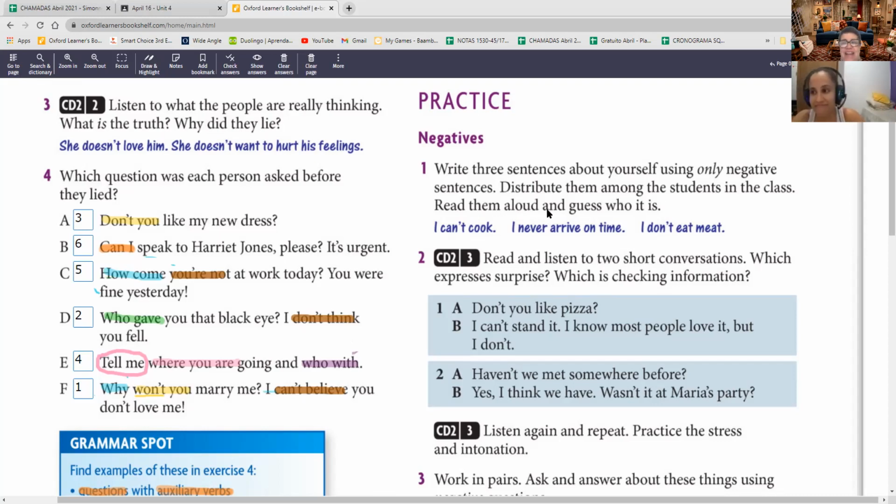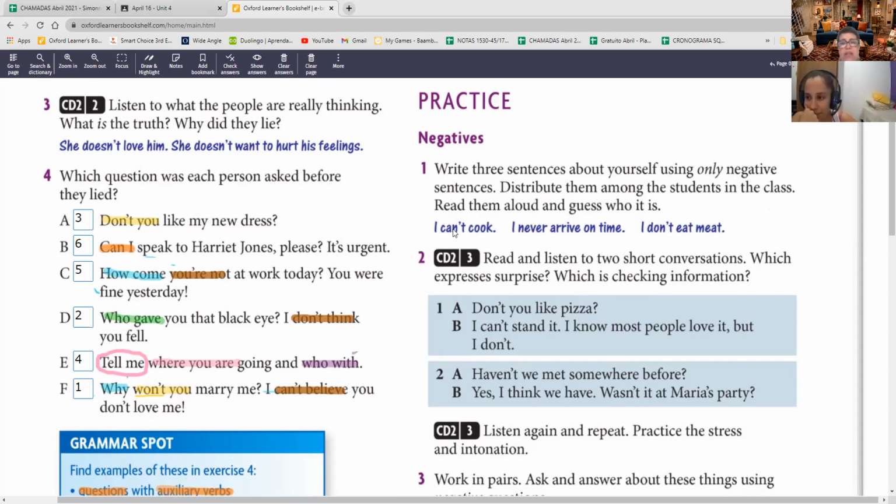Of course, we are not in person, so we cannot just distribute them and share. But we can follow the examples here. Let's see them as a model, and we can write something similar.